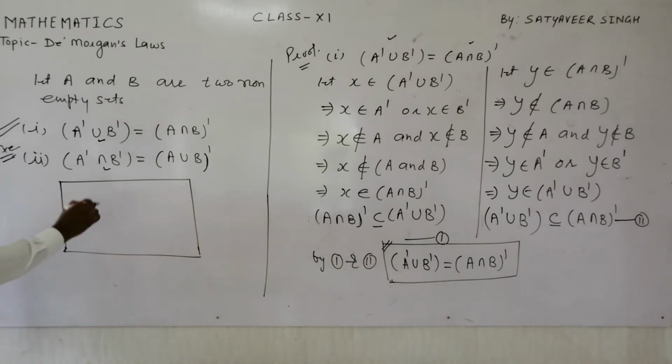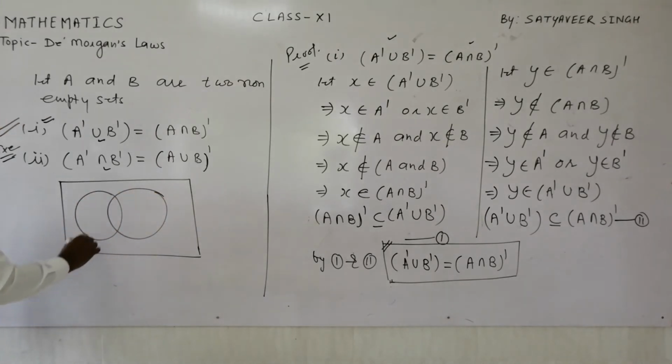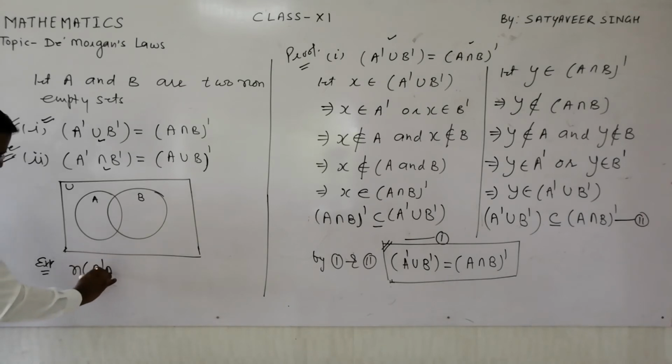So now let us see one example where we can utilize this. If you see using the Venn diagram, the same notation, there is a set A, there is a set B and there is a universal set. Suppose the question is related to the number of elements belonging to this. Suppose I have taken this example: find A complement intersection B complement. How will you solve this? For this you will have to use De Morgan law.